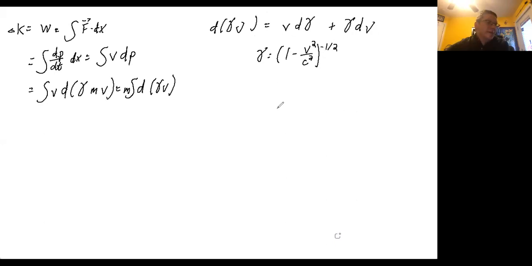So d gamma is equal to negative 1/2 times 1 minus v squared over c squared to the negative 3/2, multiplied by the derivative inside here, which is negative 2v over c squared.